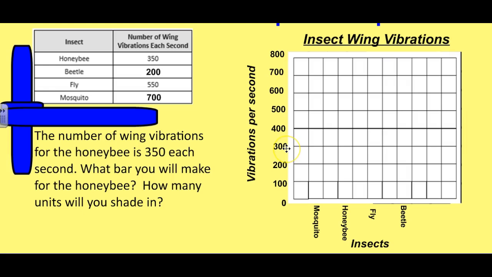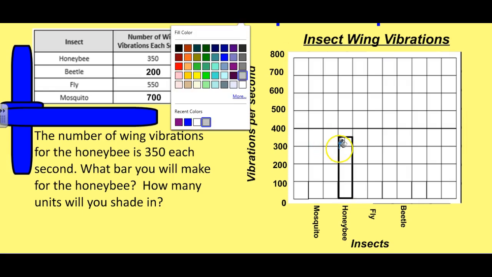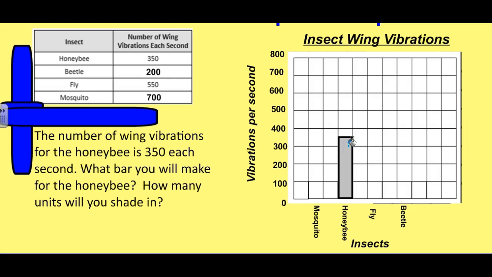And if you're going halfway between 300 and 400, you have 350. So right here where our bar is for honeybee, we just need to make our bar go halfway between 300 and 400, and that's going to show us that the honeybee is 350 vibrations each second.